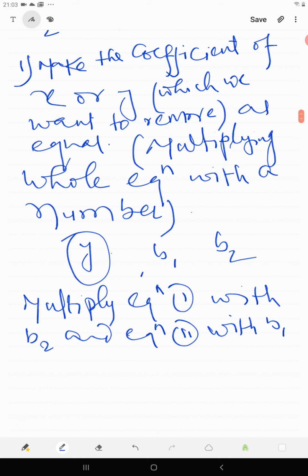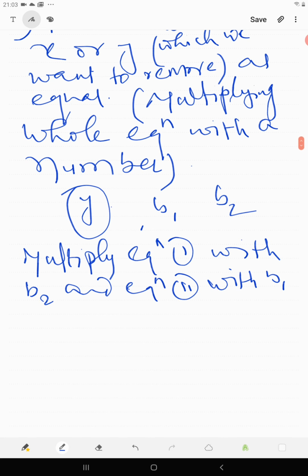So we will get a1 b2 x. We are not only multiplying for y, we are multiplying the whole equation, but considering y only.